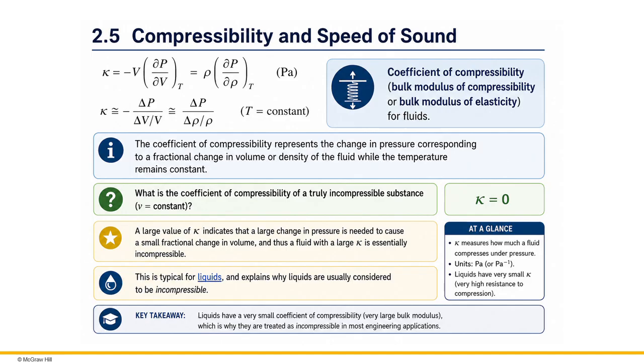Liquids usually have very large bulk modulus, so they are often treated as incompressible. For a truly incompressible substance, the volume is constant, so K is approximately equal to infinity. The slide shows K equal to 0 for the coefficient of compressibility, depending on how the term is defined. But the physical idea is this: the incompressible fluid does not change volume when pressure changes.